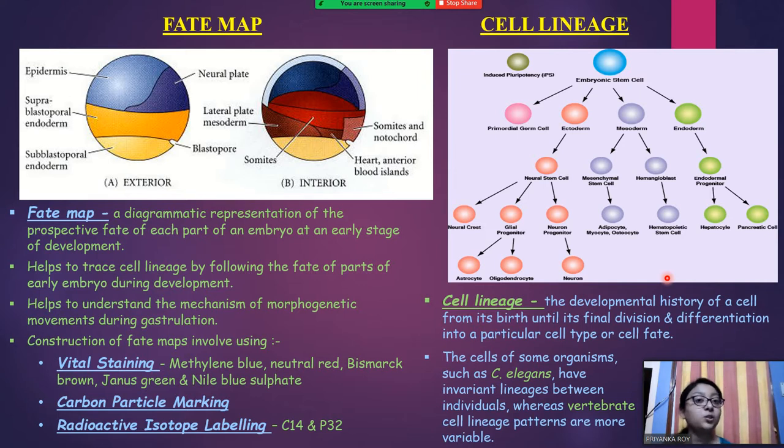But in humans or any vertebrate, whatever cell number I have in my body is not equal to whatever cell number you have in your body, although we are of the same species. Why? Because it depends on the number of cell divisions and cell differentiations that have taken place inside my body and in your body.